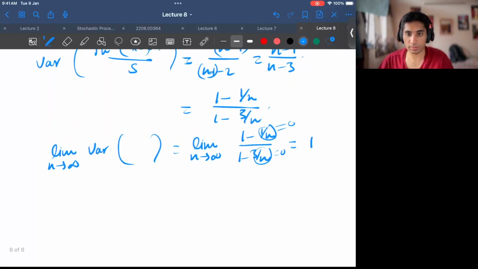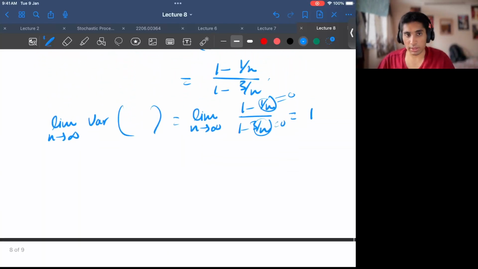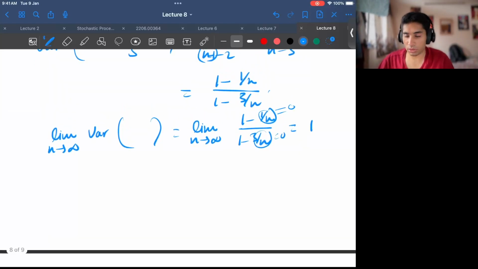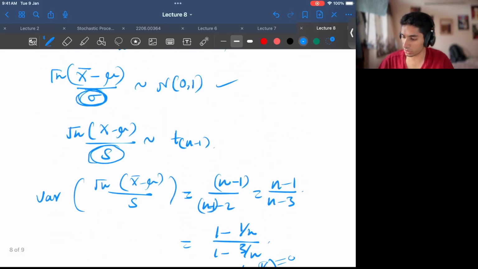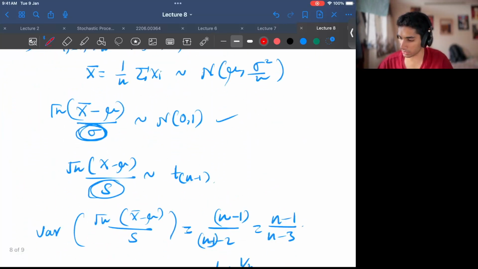So what was the given option here? Okay, so this option is not correct. So B is correct, C is incorrect, right?